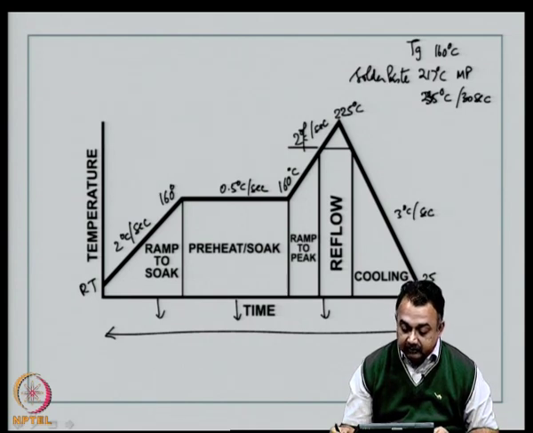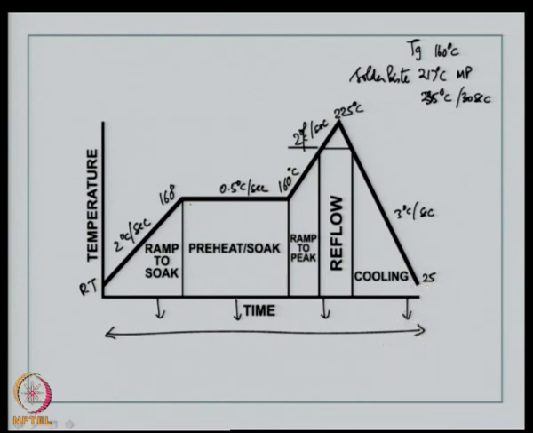The only difference that you see here is the Tg of the board is 160. So, you are utilizing that temperature to ramp up in the preheating zone. So, from room temperature, then at 160 because you are also talking about the flux. So, this could slightly be changed. You can split this soaking zone into 2 zones.